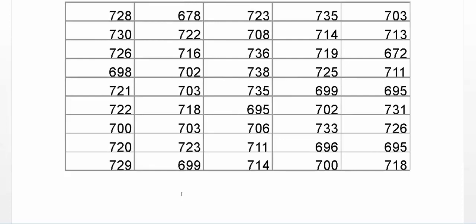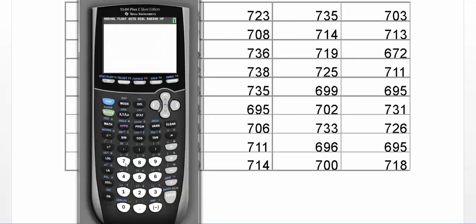I believe 672 is the smallest, and we can find the biggest at looks like 738. So if I take a calculator and I subtract 738 minus 672, that gives us a range of about 66.